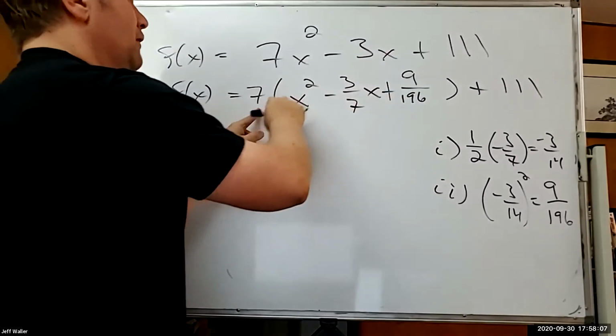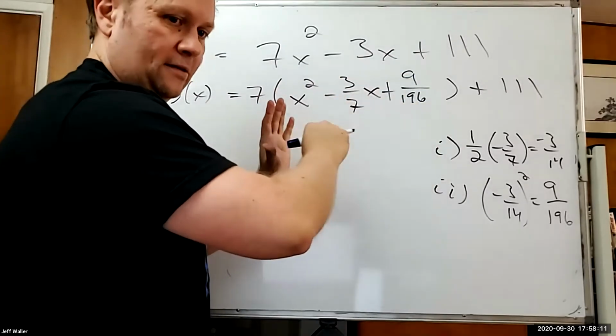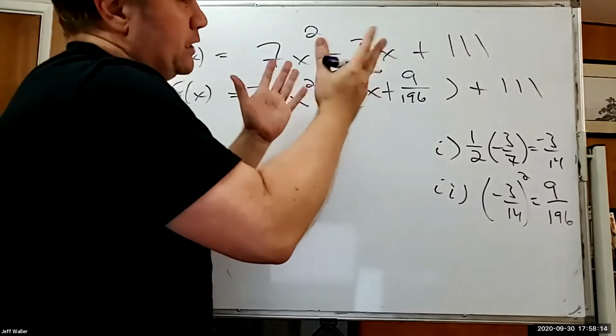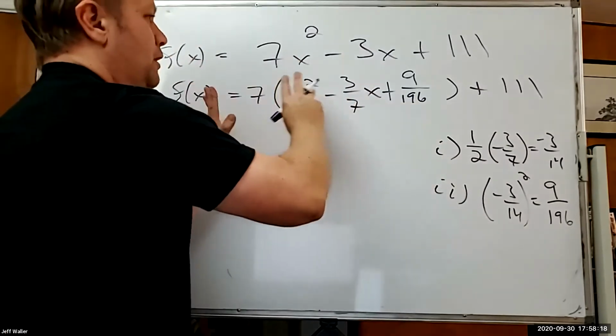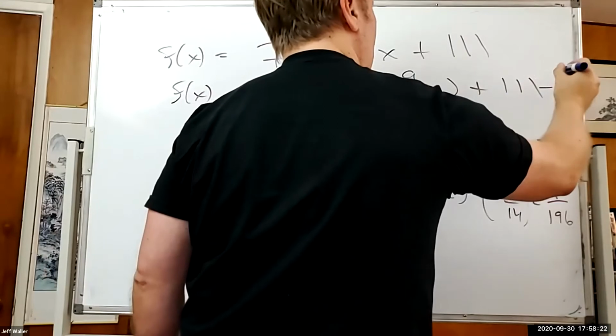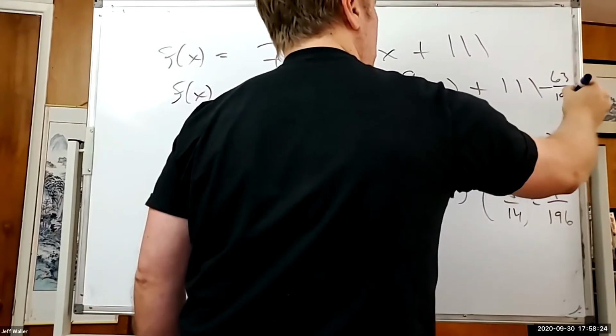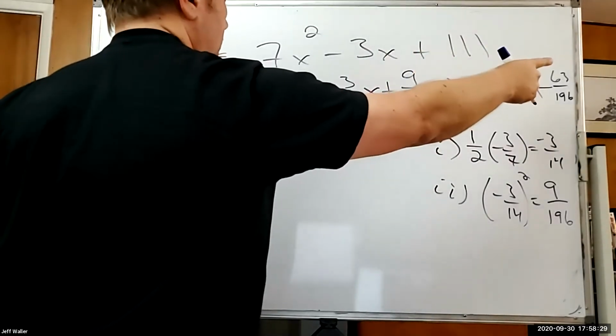Yes. 7 times 9 over 196. That would actually reduce, because remember we got it from 14 squared, but I don't care about that. That would be 63 over 196, so I better at the same time subtract, which is what I think you meant, Brian. I added it, so I better subtract.